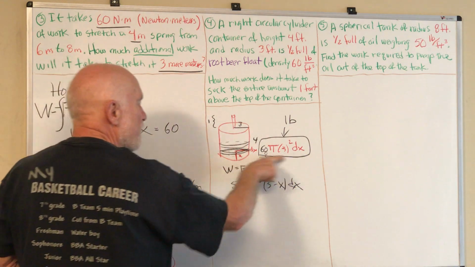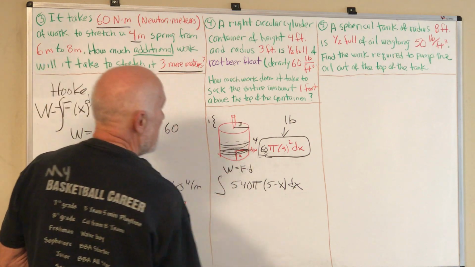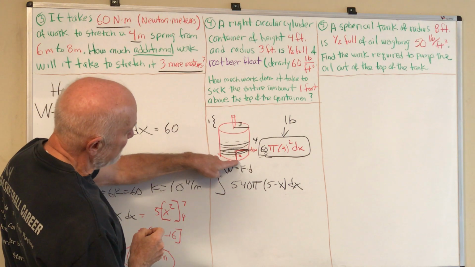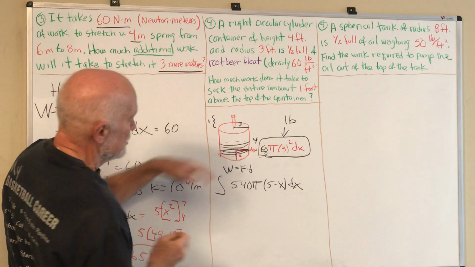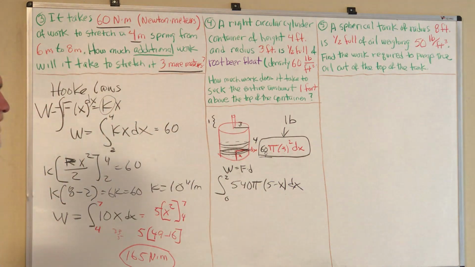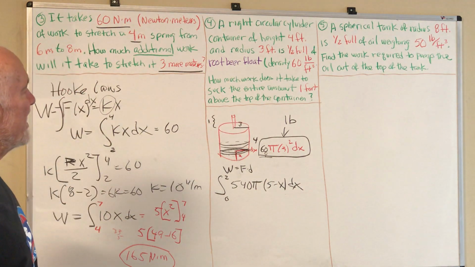So if I multiply the force times the distance, that's what I get, and I have to add them up from where? Well, x is going from 0 to 2, because it's only half full. So if I do that calculation, I should get how much work it's going to require to suck all that root beer float out of the container.